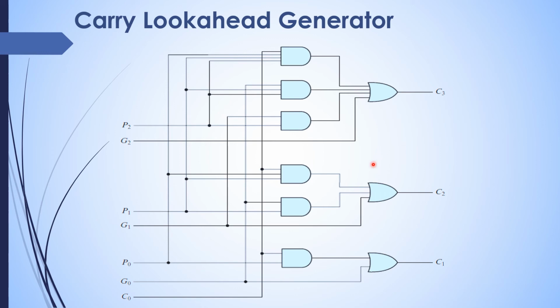Note that this circuit can add in less time because C3 does not have to wait for C2 and C1 to propagate. In fact, C3 will be propagated at the same time as C1 and C2. This gain in speed of operation is achieved at the expense of additional hardware complexity.